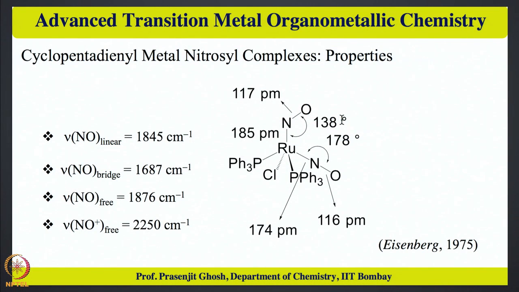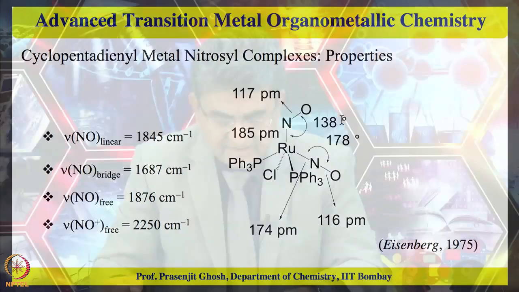For example, this ruthenium, another ruthenium complex which has no bridging nitrosyls, but two terminal nitrosyls. However, one of the terminal nitrosyls is linear, whereas the other one is bent.